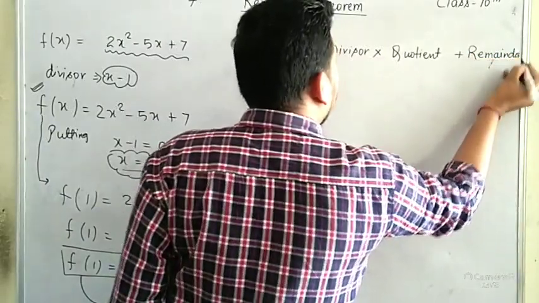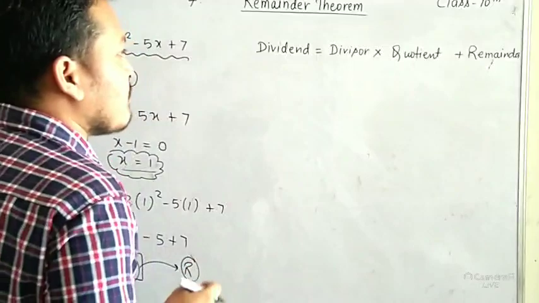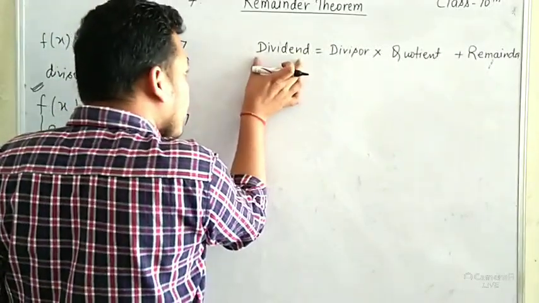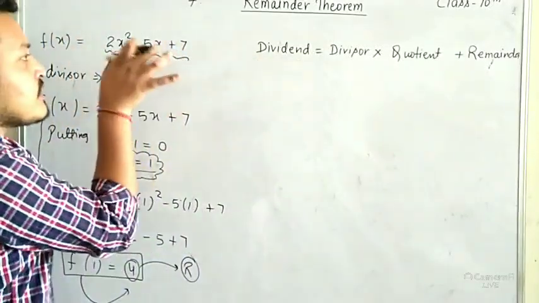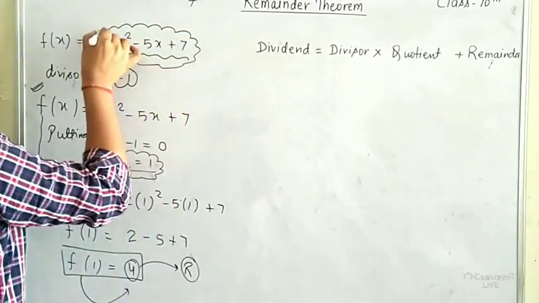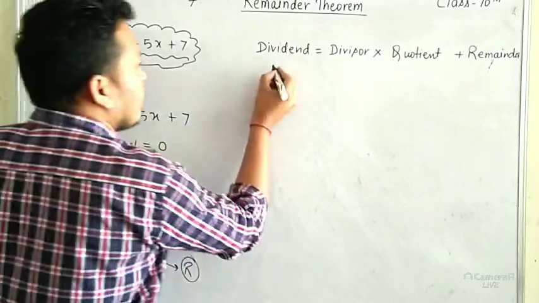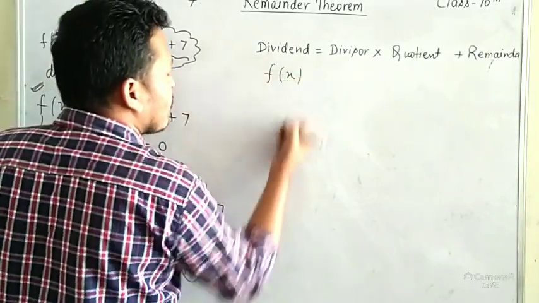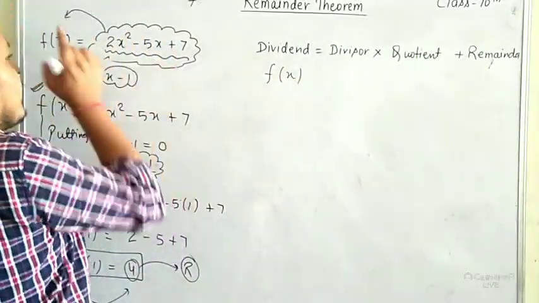You have studied this in 5th, 6th, 7th class. Now what is the dividend here, the one to be divided? It is 2x square minus 5x plus 7, and I represented it by f(x). So we can write dividend is equal to f(x).